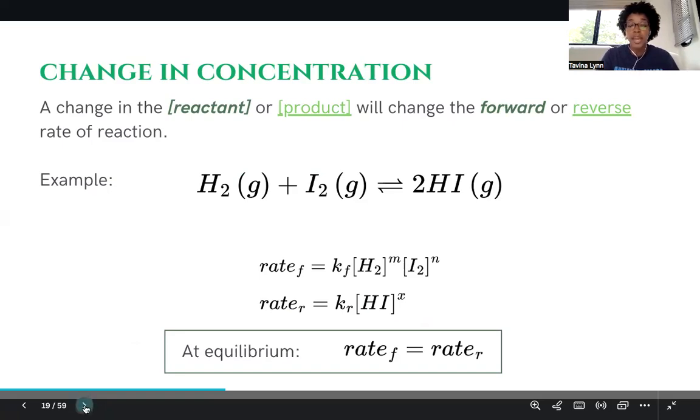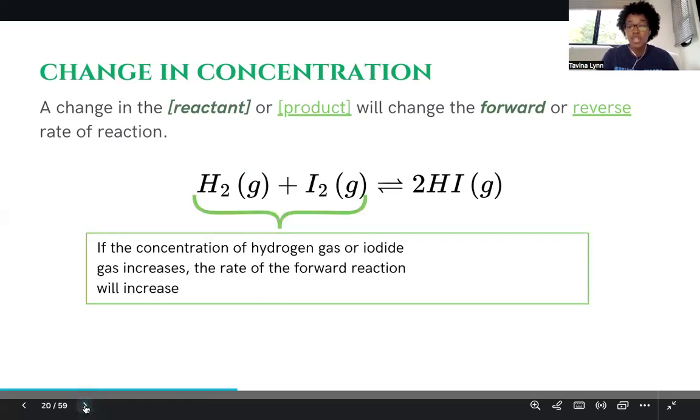So if we change the concentration of either reactant, hydrogen gas or iodine gas, and let's say we increase the concentration of either of these reactants or both, the rate of the forward reaction will increase.